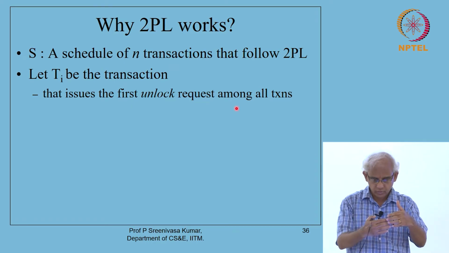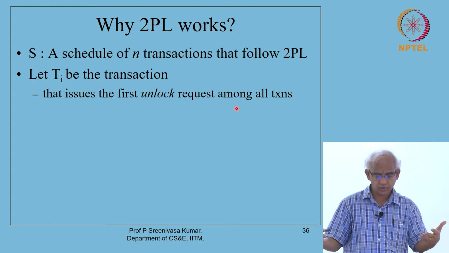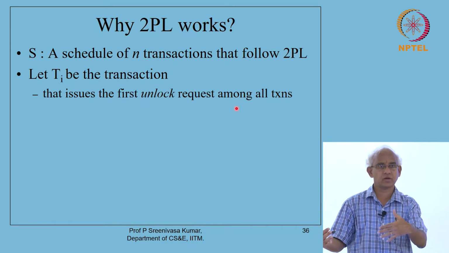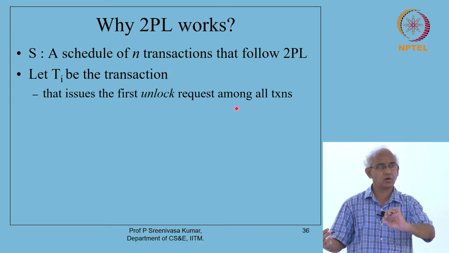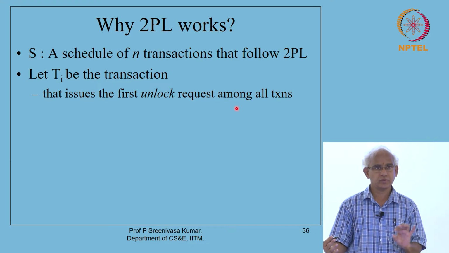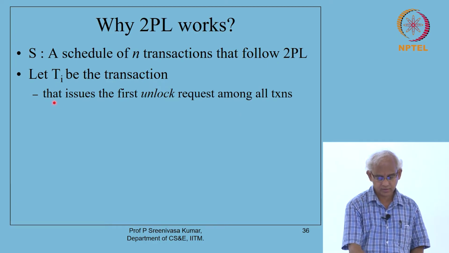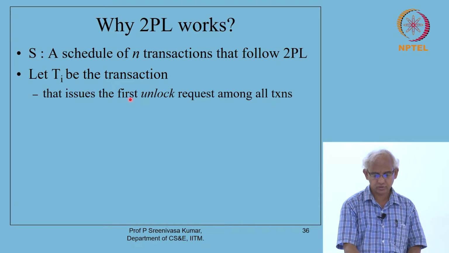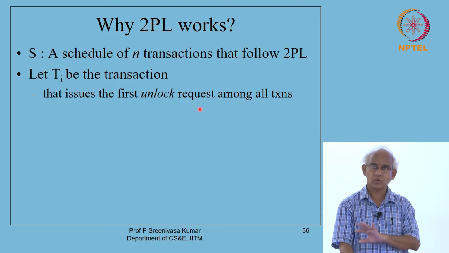Okay. So if you look at the schedule, it's easy to find out which transaction is issuing the first unlock among all transactions. Very easy to find. Let that be Ti. The Ti is the one that issues the first unlock request among all transactions.